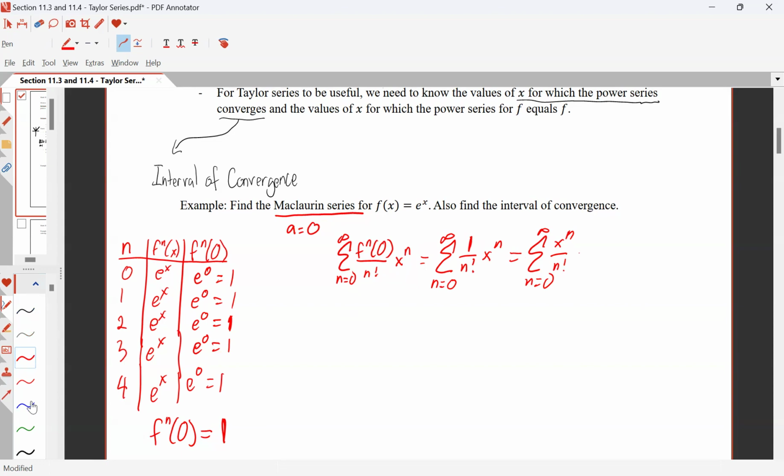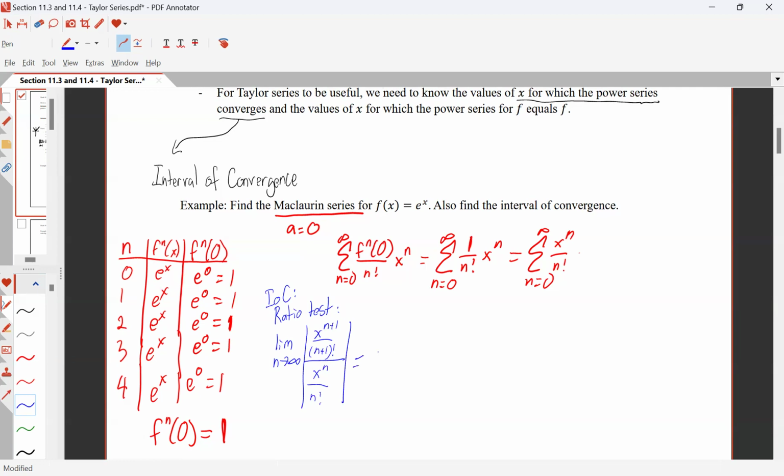And that is running the ratio test to find the interval of convergence. So the ratio test has us set up the limit as n goes to infinity of absolute value of x to the n plus 1 over n plus 1 factorial, all over x to the n over n factorial.